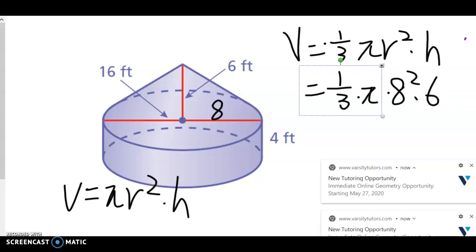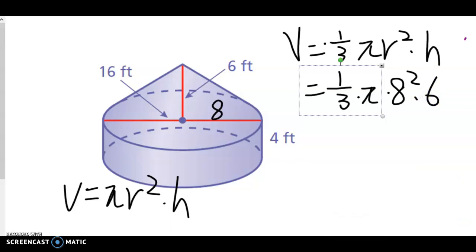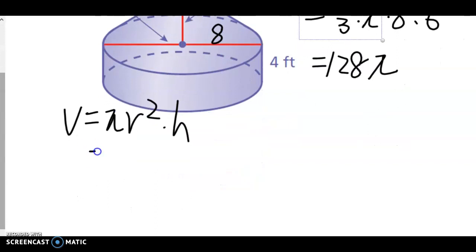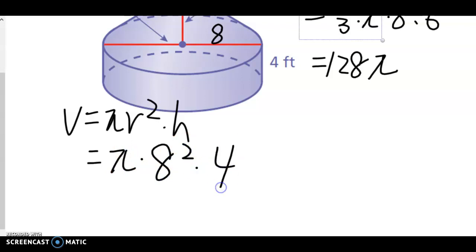Okay, and then we simplify this, which is 6 times 8 squared over 3, that's 128 pi. And for the other one, that is equal to pi times the same 8 squared times h, which is 4.